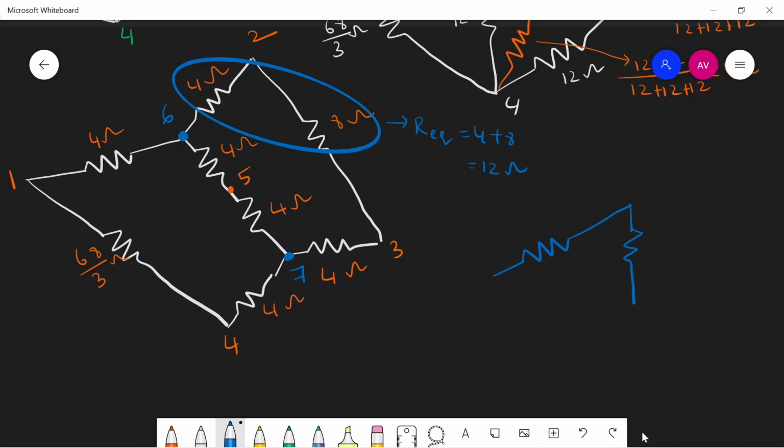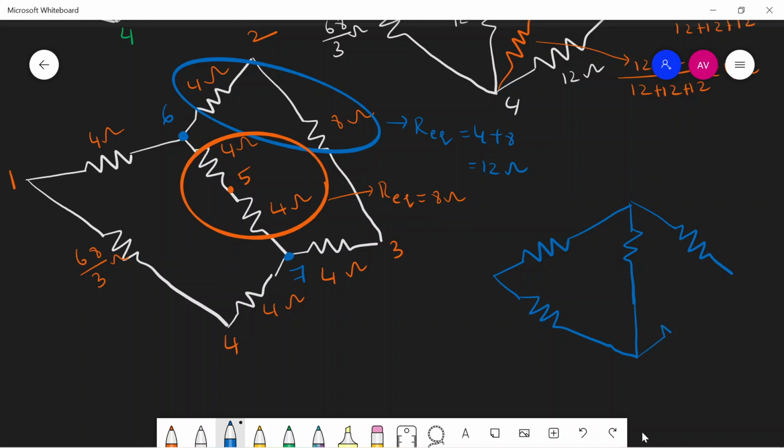And one more point, even here you can see the 4 ohm resistor and 4 ohm resistor are in series. We can replace them with 4 plus 4, that is 8 ohm. I'll reflect the same changes in the next circuit. So this is 4 ohm.